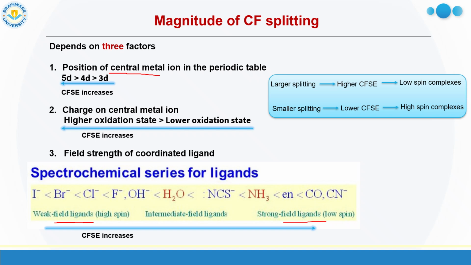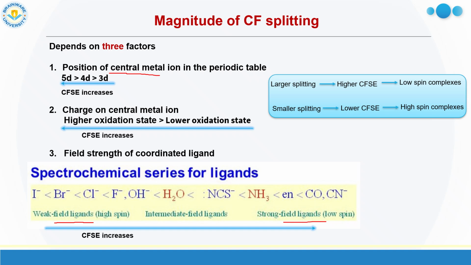As a result, the splitting gap between the two d orbital sets decreases. So you can see here smaller splitting corresponds to lower CFSE, meaning the del O value is low. As the gap is low, the del O value becomes lower, and that corresponds to high spin complexes.